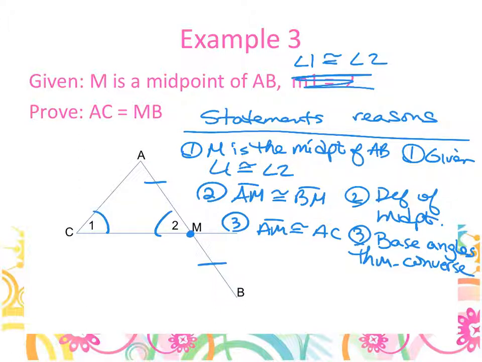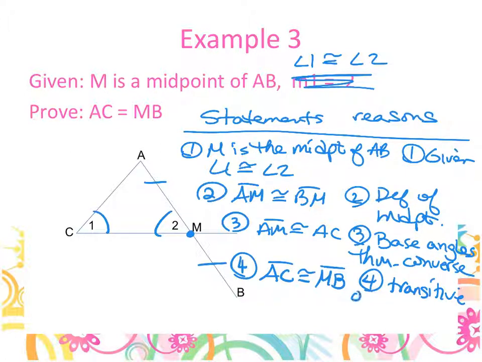And now my next statement is what I'm trying to prove. And the reason will either be substitution or transitive. So I can now state that AC is congruent to BM or MB. And my reason is transitive.